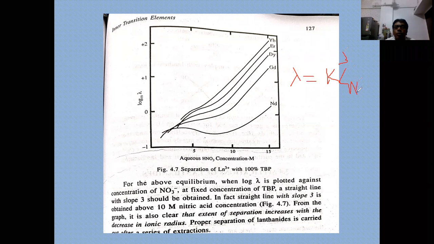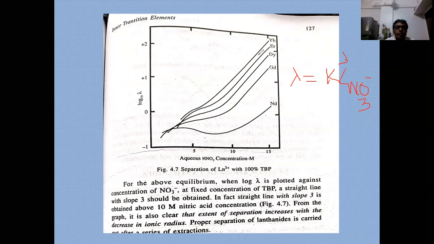So the distribution coefficient lambda depends upon the concentration of the nitrate ion. This graph represents the variation of distribution coefficient with concentration of the nitrate ion. You can see here, mostly the nature of the graph is a straight line.